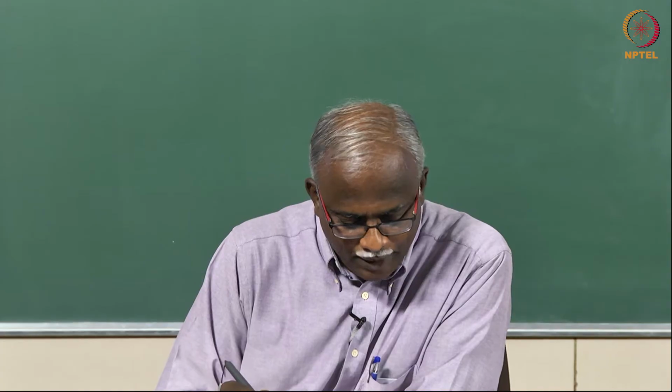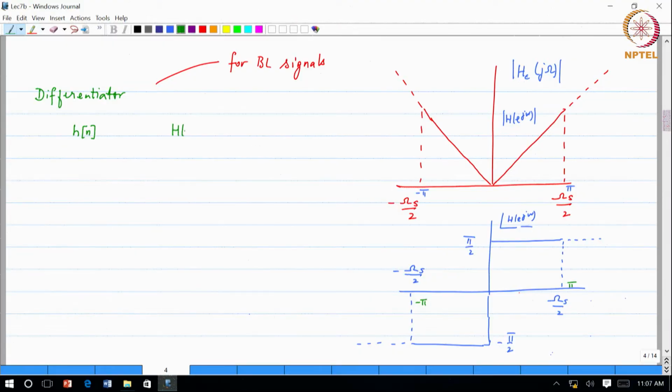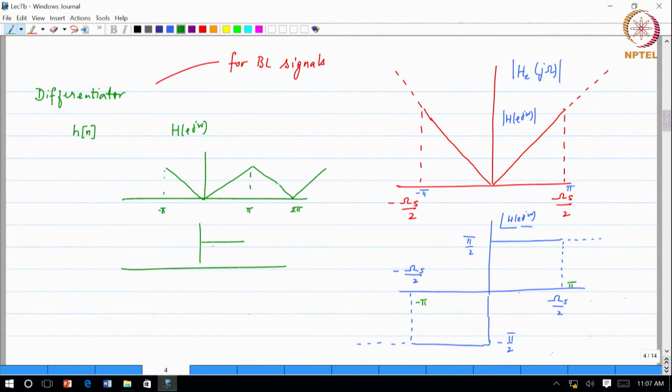So basically the H_eff(e^{jω}) will have a response that looks like this. It will go from minus π to π, and then it is periodic, so you will see the repetitions with respect to 2π. Okay, so that is that, and the phase is again defined in the range minus π to π, and of course it will also repeat itself.